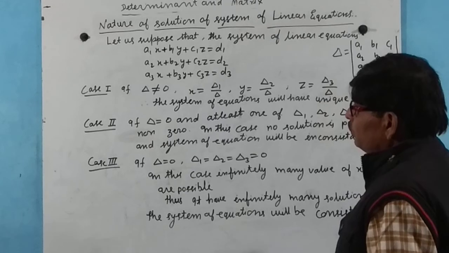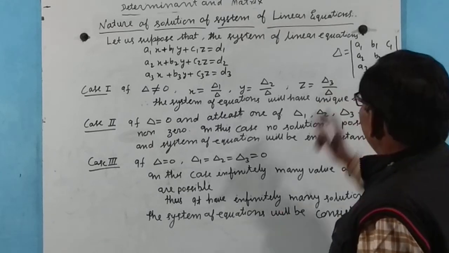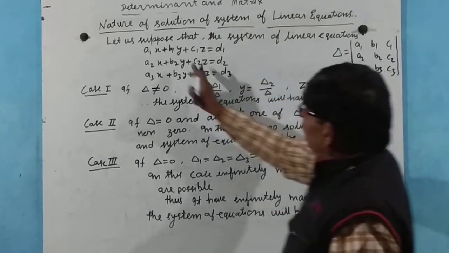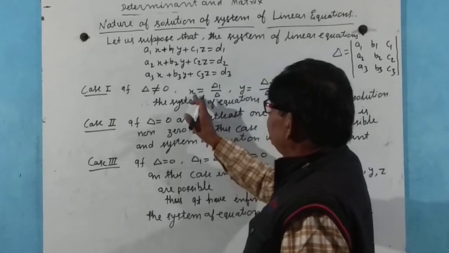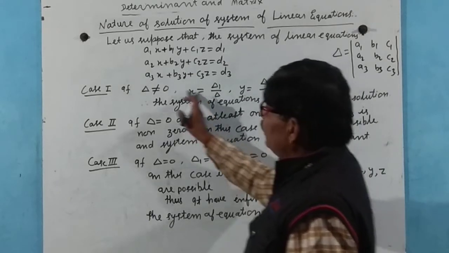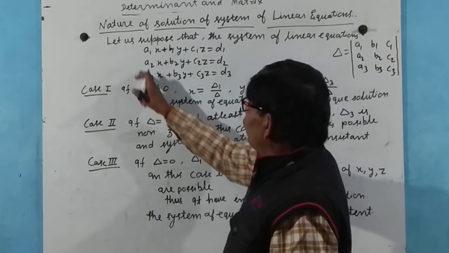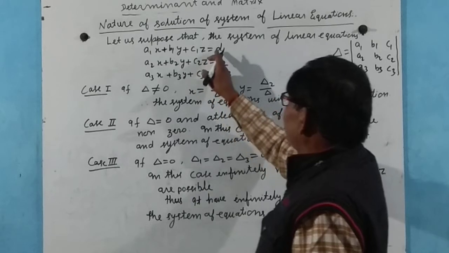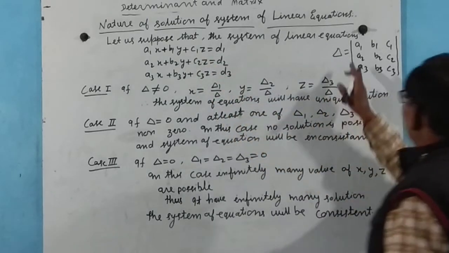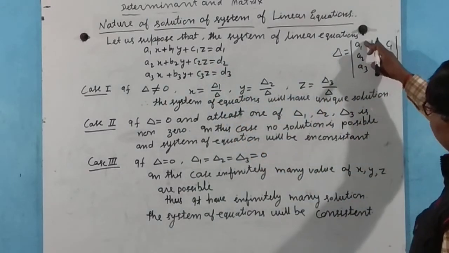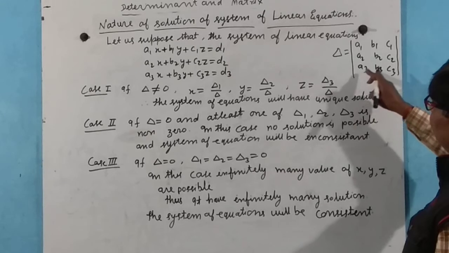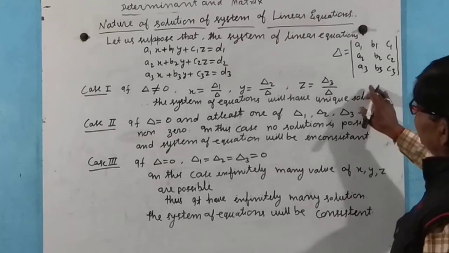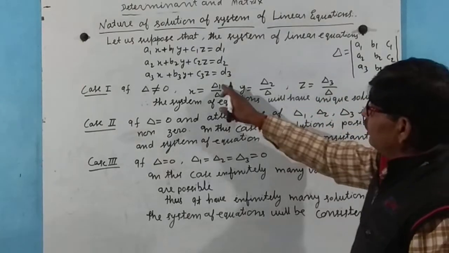Now for delta 1, we replace the a1, a2, a3 column by d1, d2, d3, and that determinant will be delta 1.